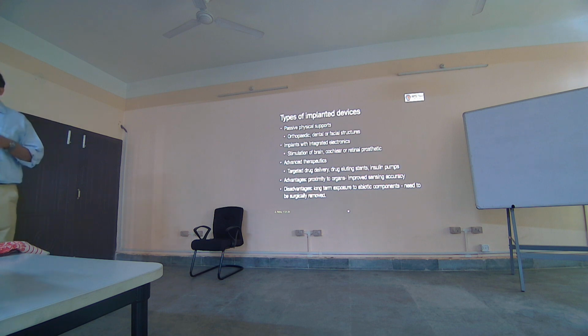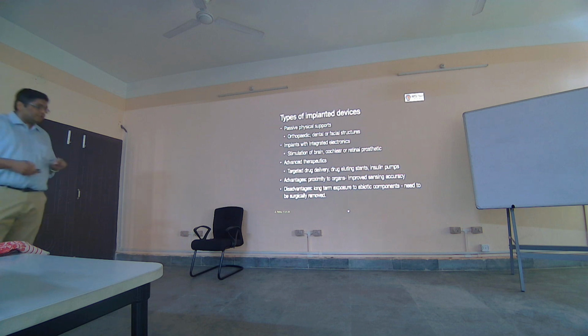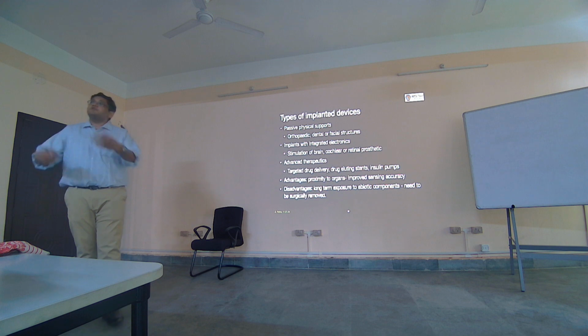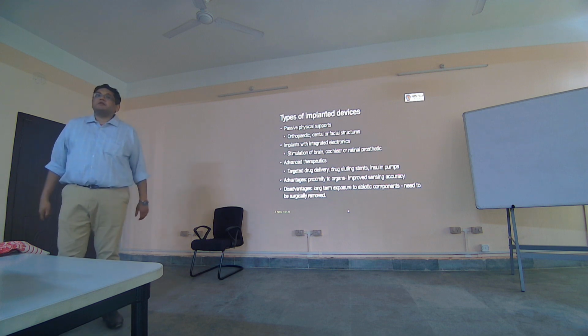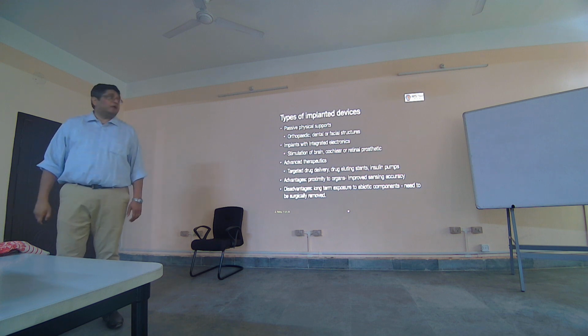We don't want oral delivery. We don't want intravenous delivery. We want to ensure that drugs are delivered to specific target cells in the body. Now, what's the advantage of all this? The advantage is, suppose you want to measure a heartbeat, or you want to measure the blood pressure in a human being.